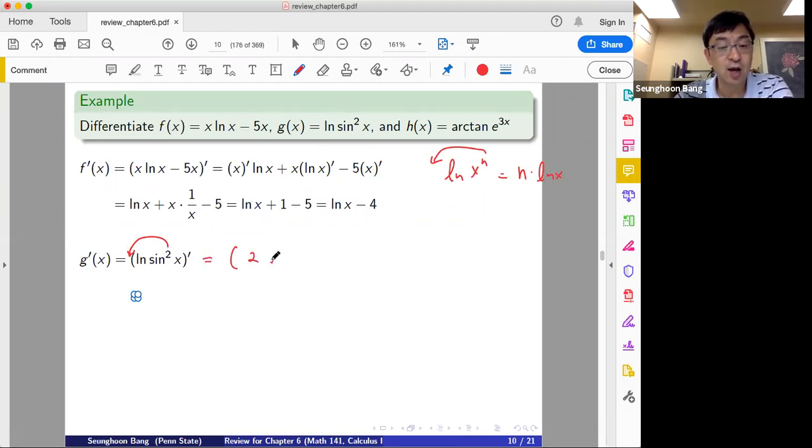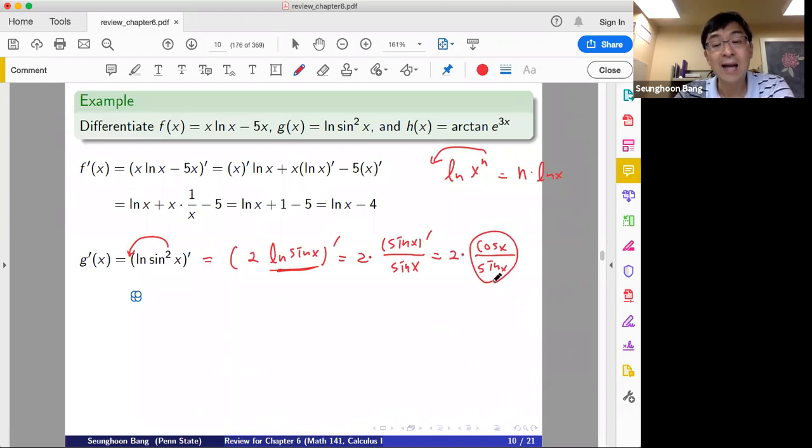Here, 2 times ln of sine of x. You can change it like this, so you only need the derivative of ln sine x, which is the derivative of sine x over sine x. The answer is 2 times cosine x over sine of x. That's it.